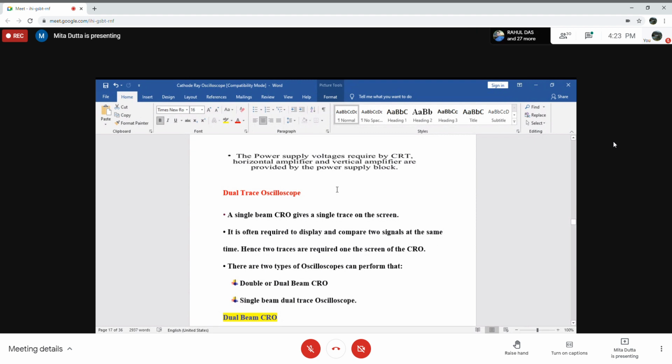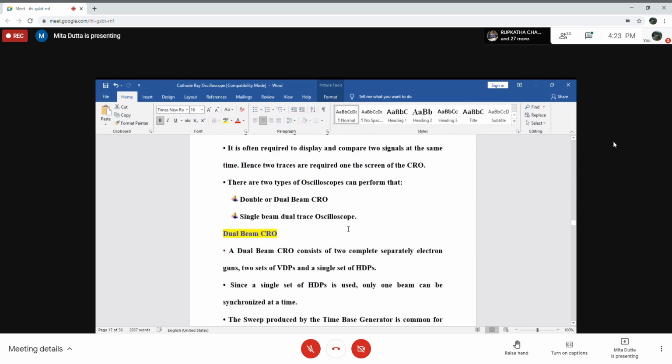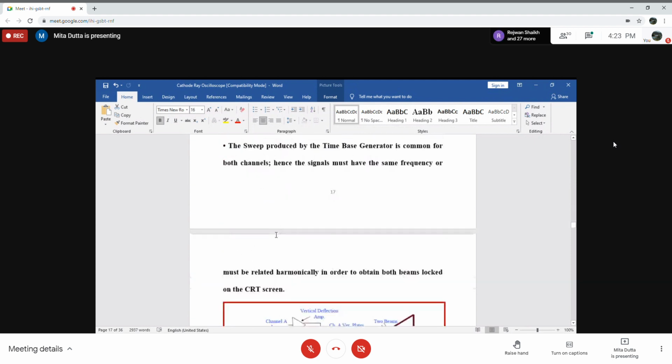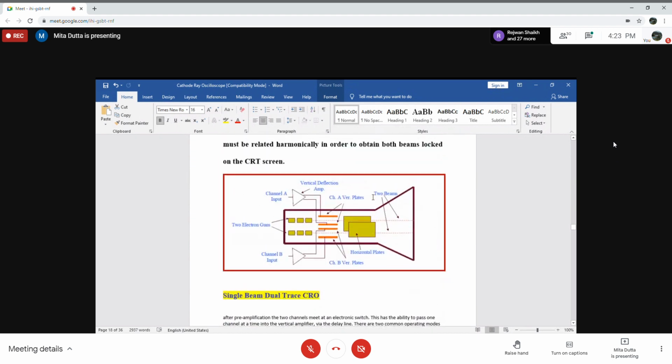Now these dual trace CROs are of two types: dual beam CRO and single beam dual trace CRO. In a dual beam CRO, we have two electron guns, as we have seen from the figure.